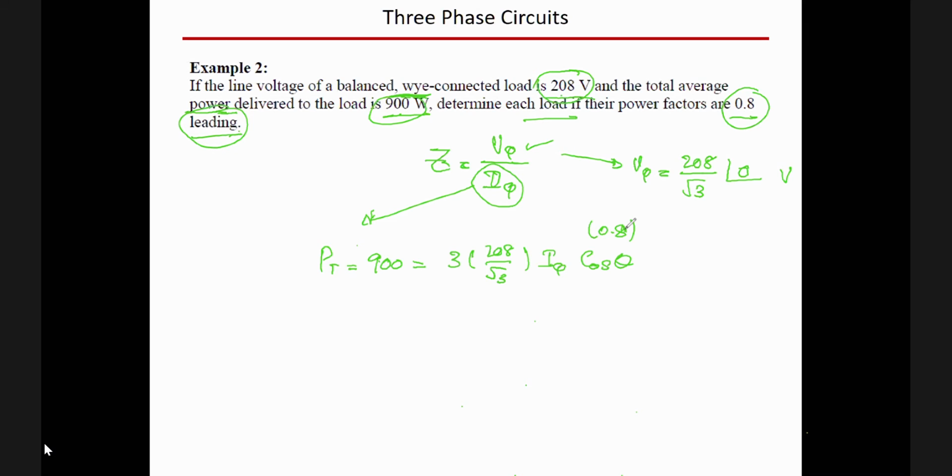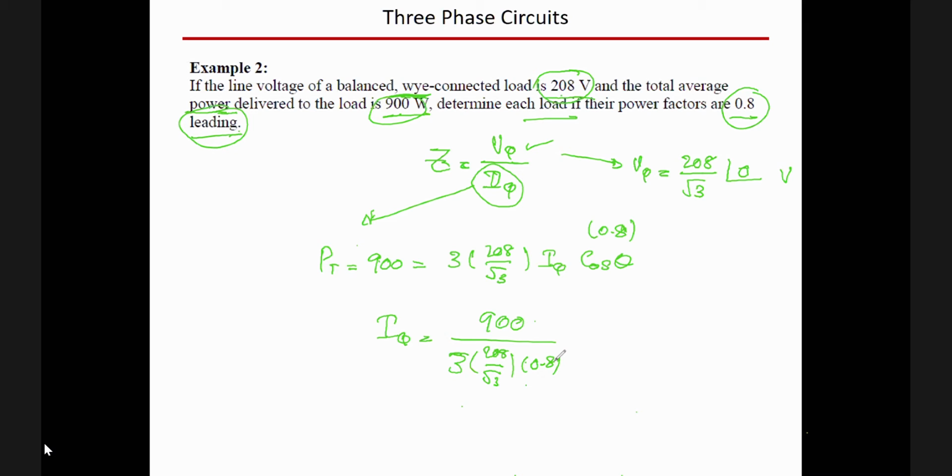Well, this is the tricky part. You cannot put minus or plus because cosine of an angle is always positive, even if the angle inside is positive or negative. So from this, we can find the magnitude of I phase, the magnitude only. The magnitude will be 900 divided by 3 times 208 over square root of 3 times 0.8.